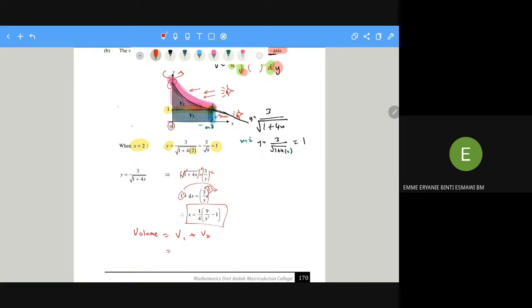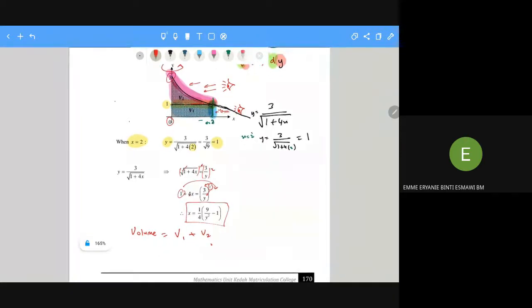Jadi volume 1 was the formula, the same formula. Kena ada pi, kena ada integral, kena ada d. Okay, kena ada bracket square. Right, and then I'm going to write this equal. Kena ada pi, kena ada integral, kena ada bracket square, dy.